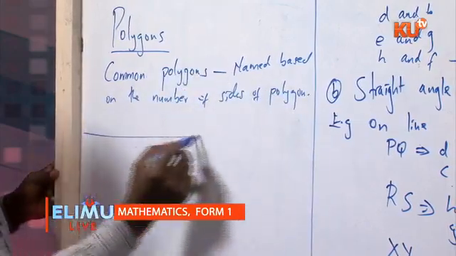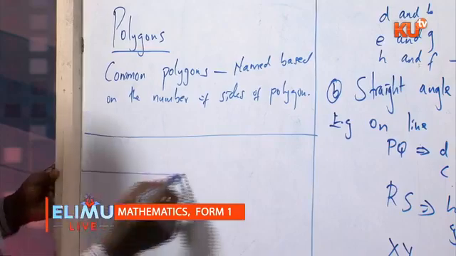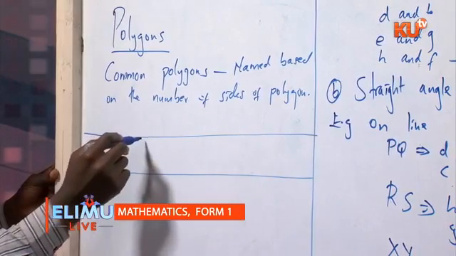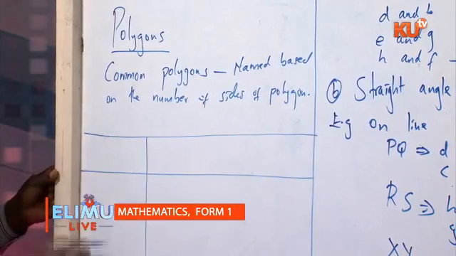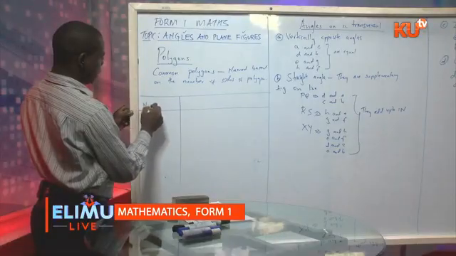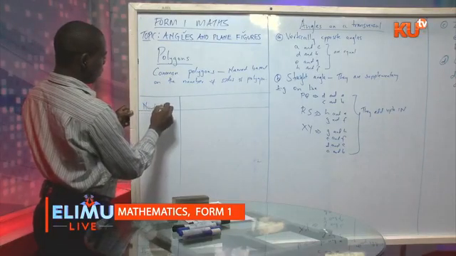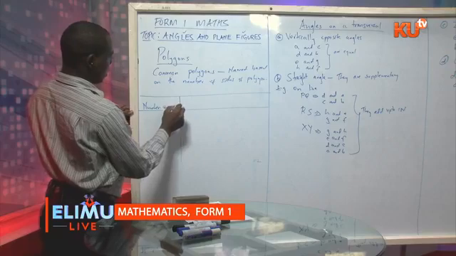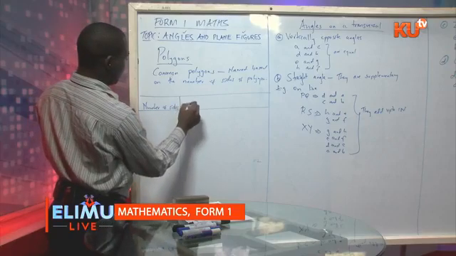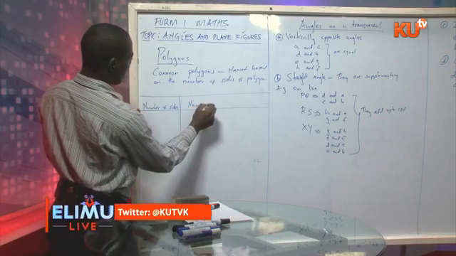And so let's draw a table and identify these common polygons with their names based on the number of sides. So I'll have here number of sides, and then I'll have name of the polygon.